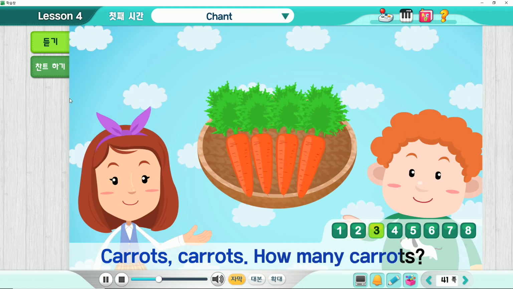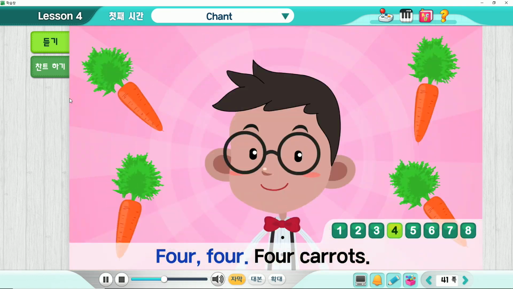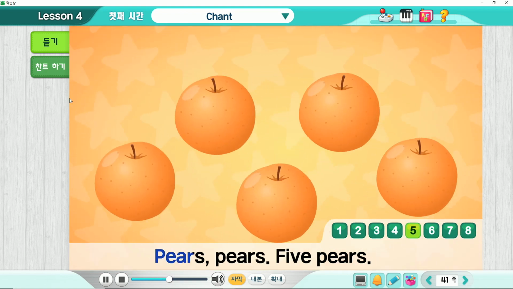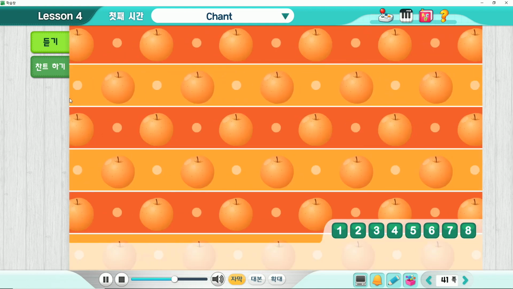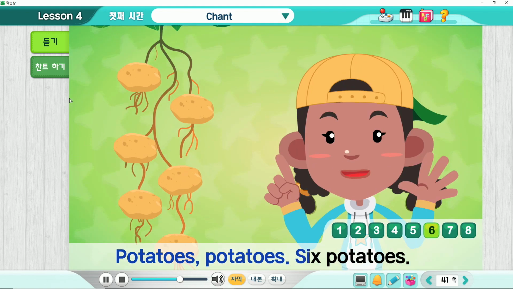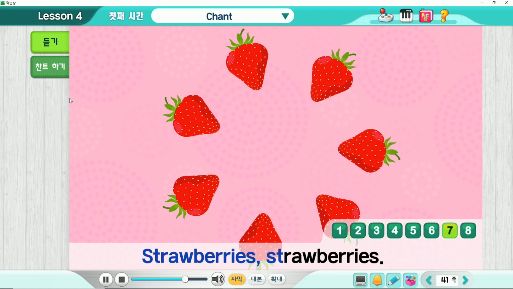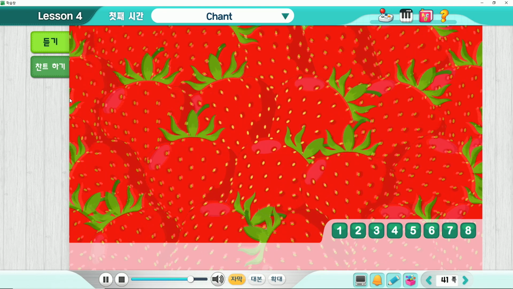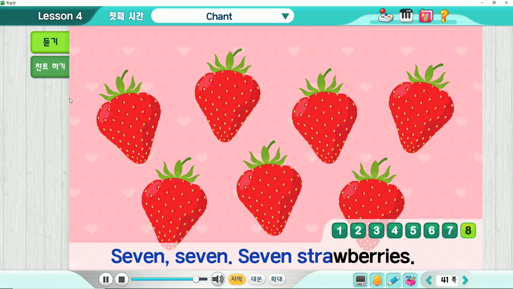How many carrots? 4. 4 carrots. Pears. Pears. 5 pears. Potatoes. Potatoes. 6 potatoes. Strawberries. Strawberries. How many strawberries? 7. 7. 7 strawberries.